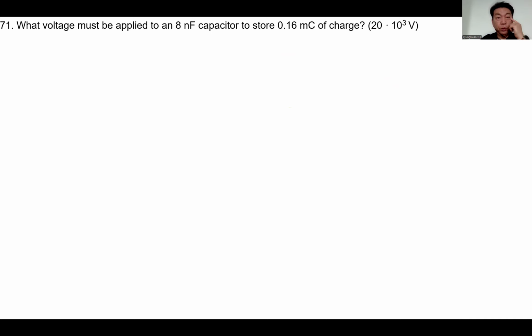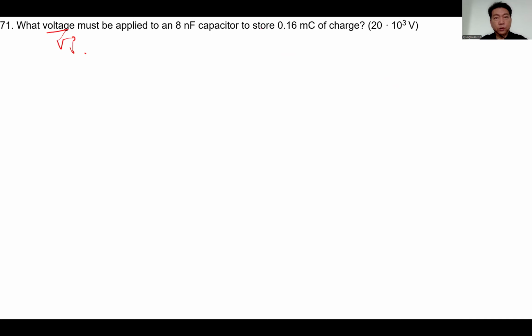What voltage must be applied to an 8 nanofarad capacitor to store 0.16 millicoulomb of charge? Okay, so you need to find the voltage, which is unknown.